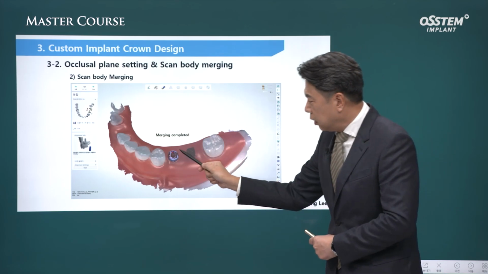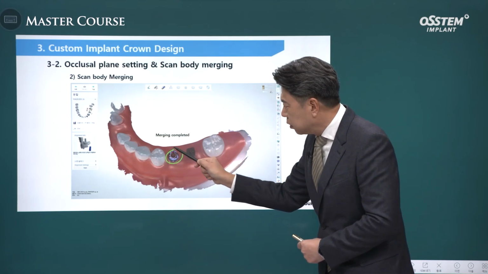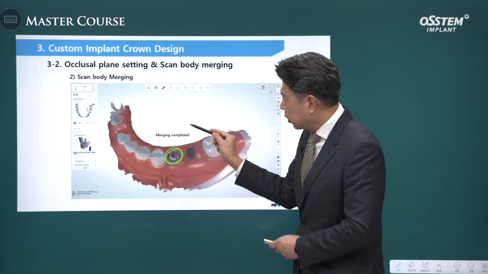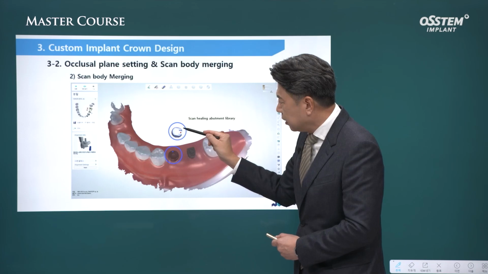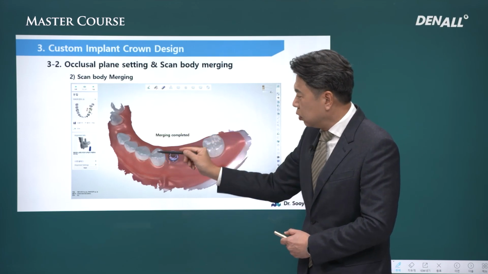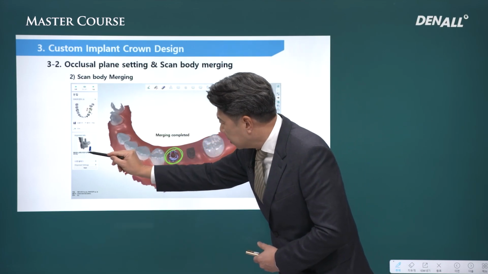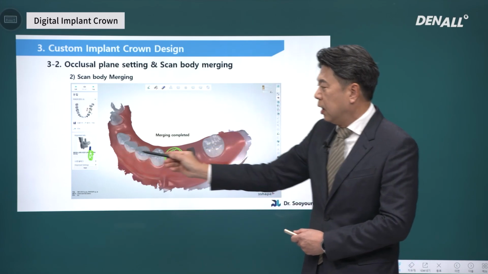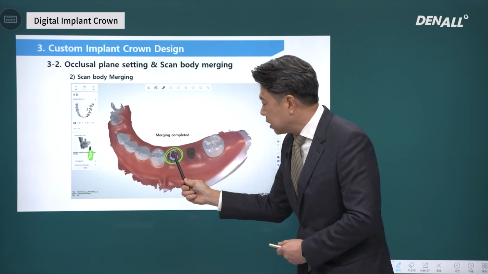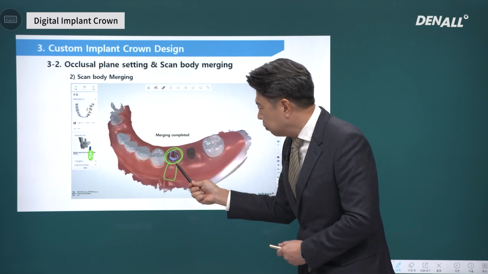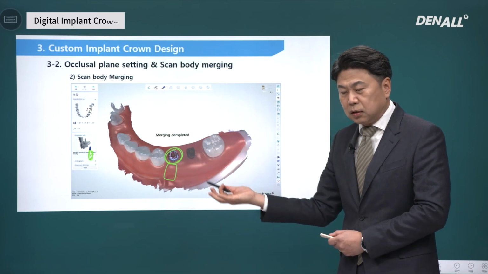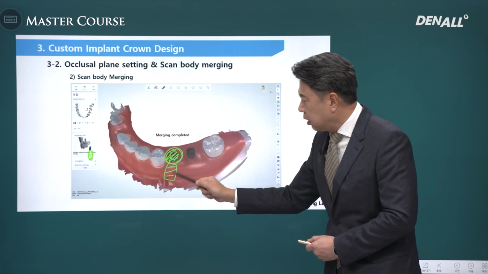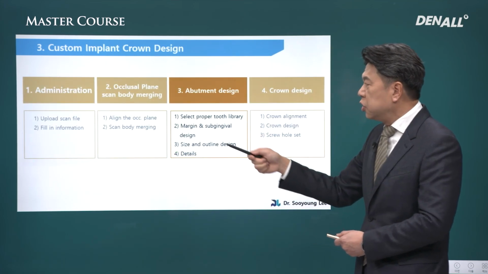The visible parts are matched, but the scan body data which appeared before in the library has the implant information hanging below, which is not visible. So when this is merged, the implant information is automatically attached here. If you erase here, only the implant information remains. That is the process of merging.